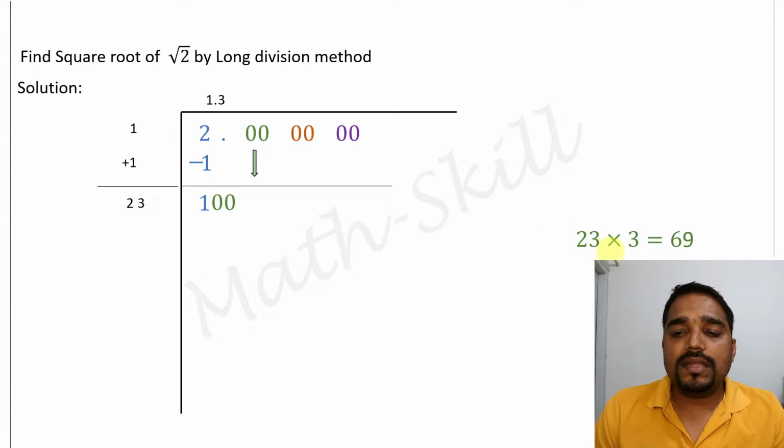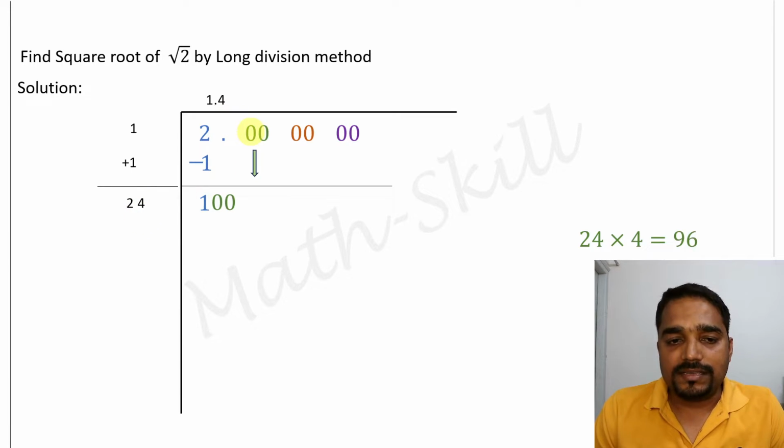So 23 threes, or 3, cannot be added here. So let us consider the next number, that is 24 fours. If 4 is added, 24 fours is 96. Let us take this 96 and subtract it from 100, that is 100 minus 96 is 4.